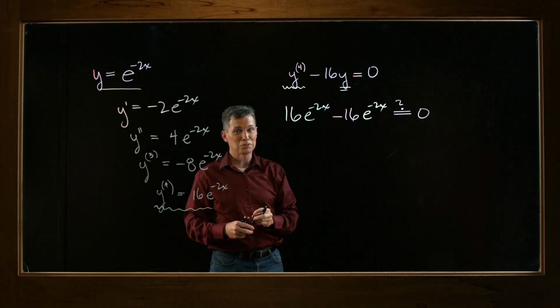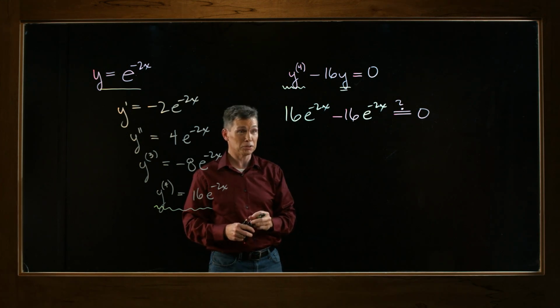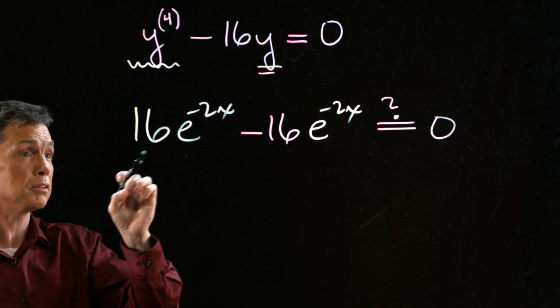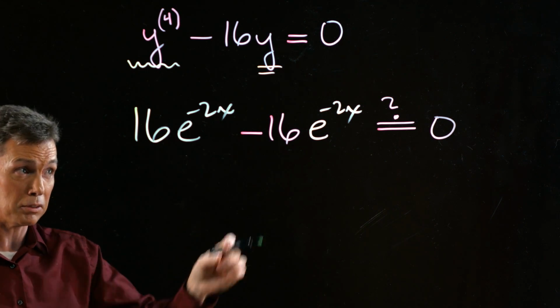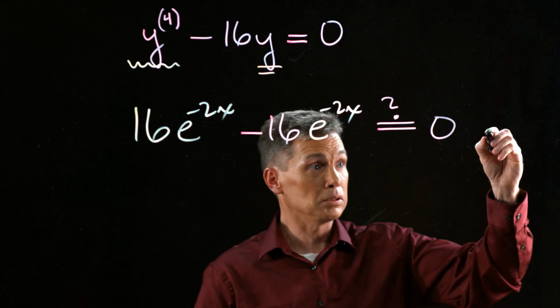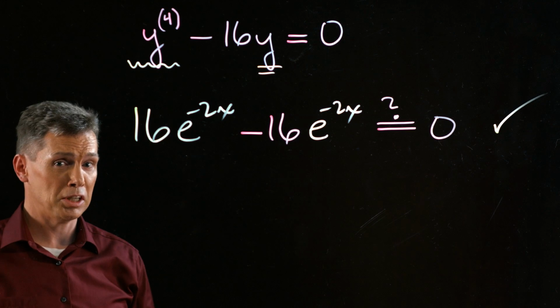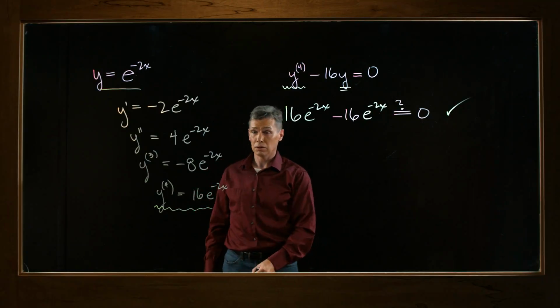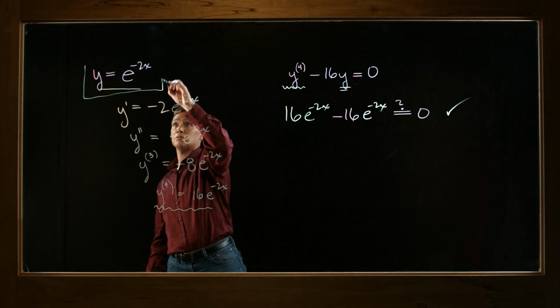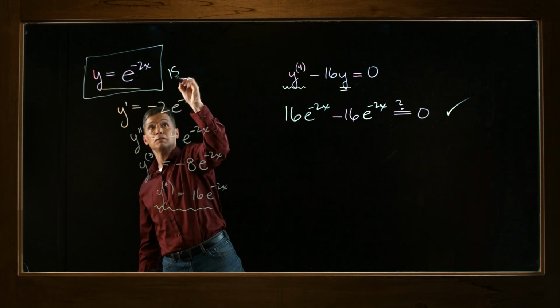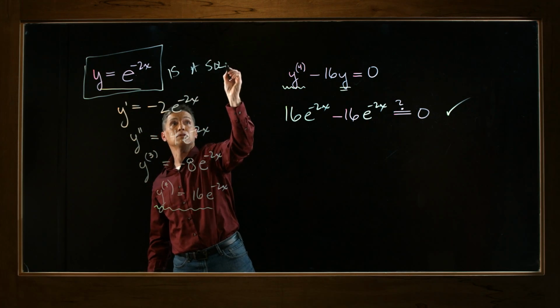Take a look at that equation for just a second, you'll see that it's true. 16e raised to the negative 2x minus 16e raised to the negative 2x does equal 0, so we get a check mark, which means we can conclude that this given function is a solution.